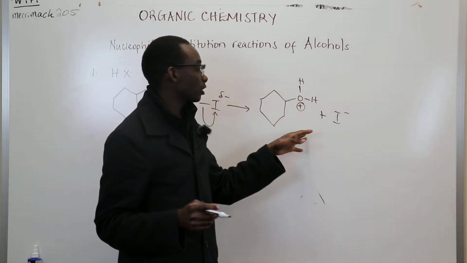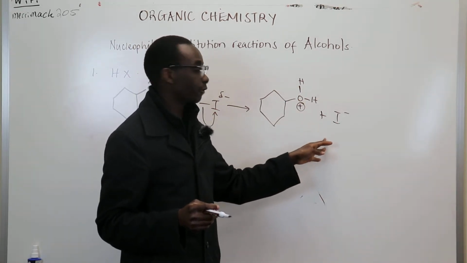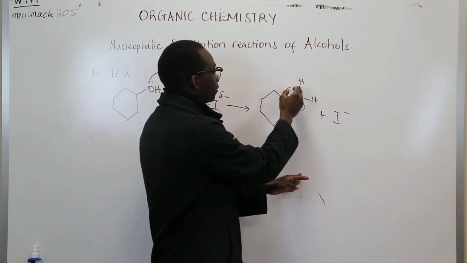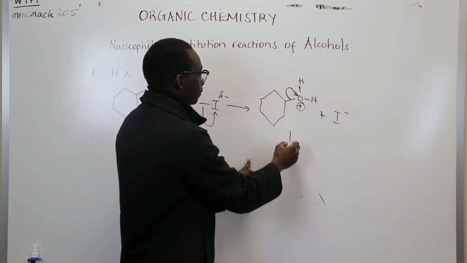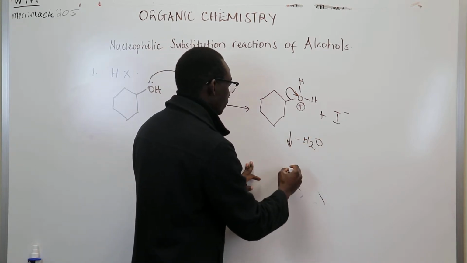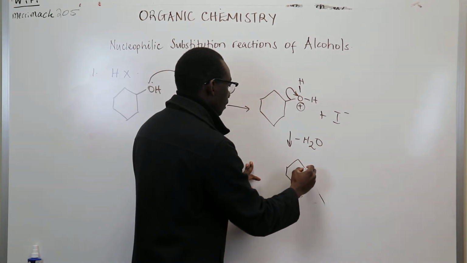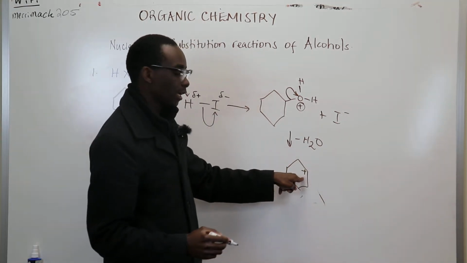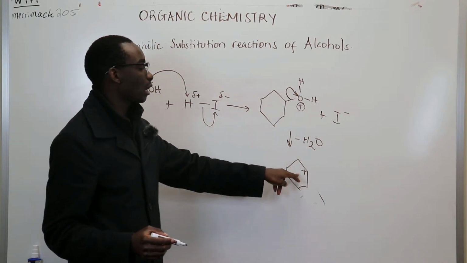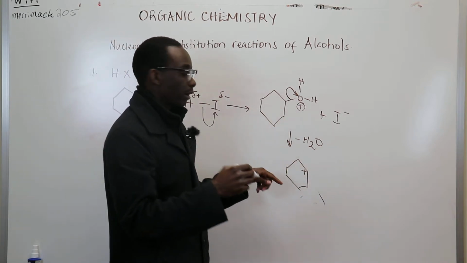For secondary and tertiary, it's really different. Since they can form stable carbocations, this bond can first break off, then we lose the water, and then we form a carbocation. This is a secondary carbocation, hence it's more stable than the primary carbocation we would have formed with primary alcohols.